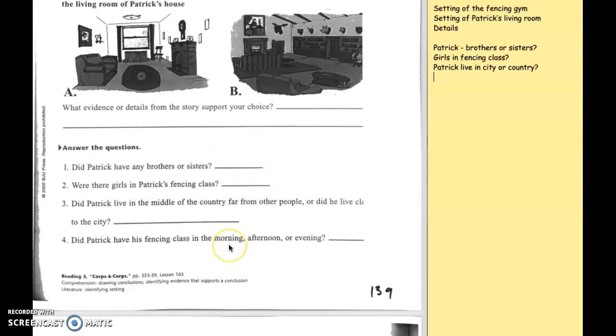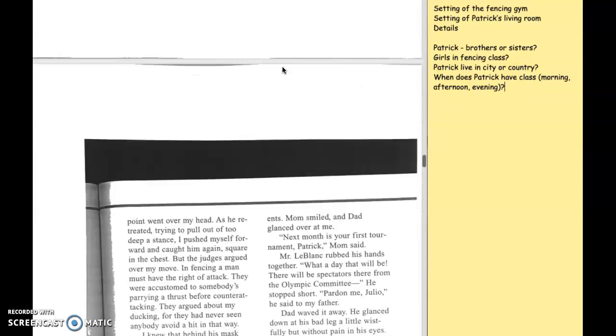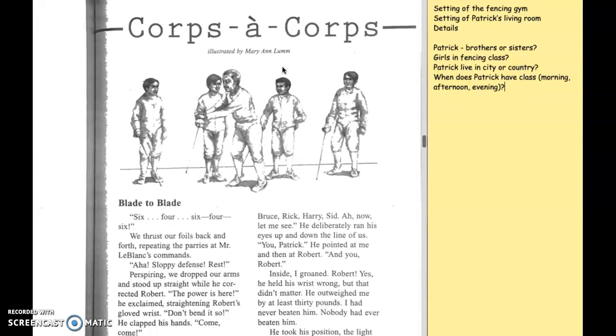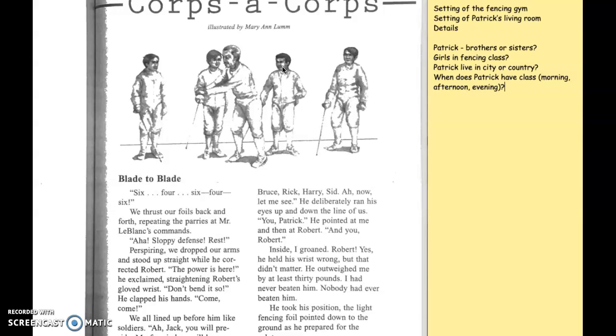And did Patrick have his fencing class in the morning, afternoon, or evening? So we're just writing little notes. Okay, so now we know that as we read, we have stuff to look for. Okay, let's go ahead and get started.